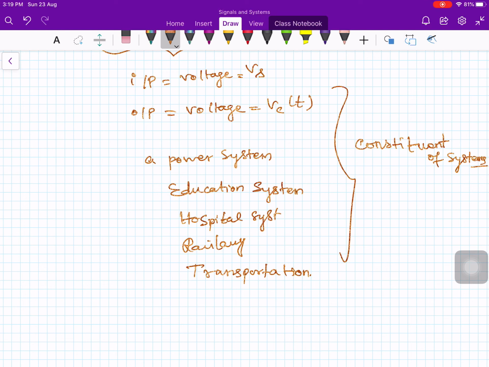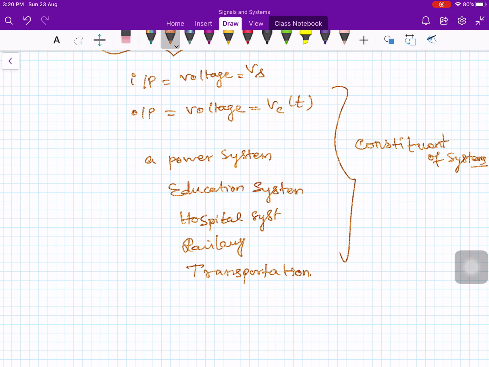Now the variables that describe the status of these various components in a system may be quite diverse, depending upon the nature of the component, the nature of the system, and so on and so forth.